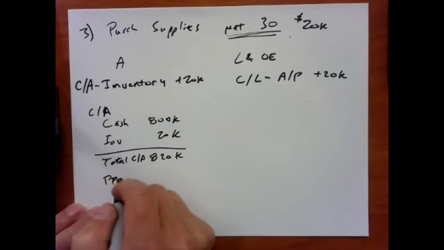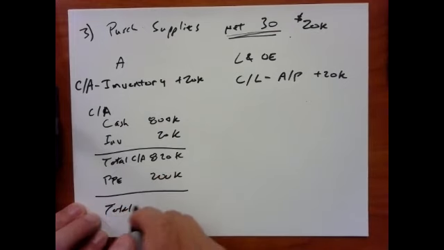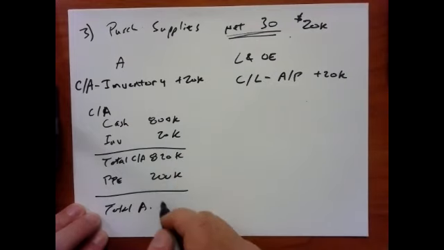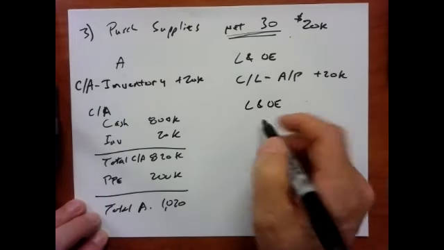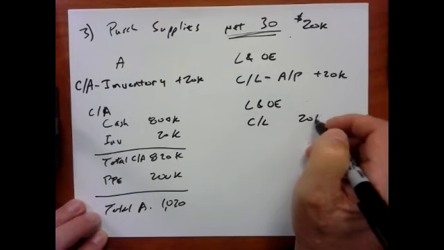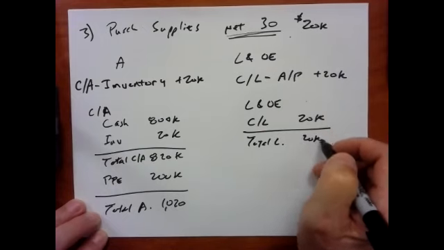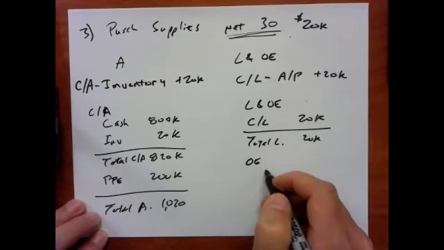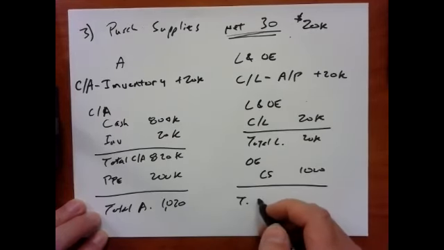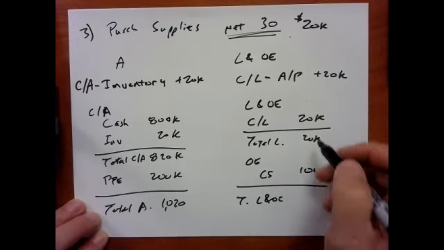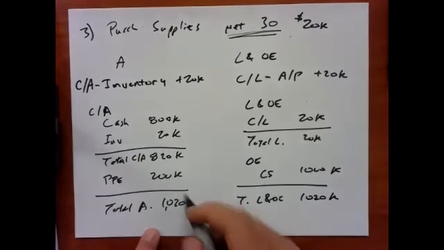Then we would have PPE, long-term assets, of 200,000 for total assets of 820 plus 200, 1,020. On this side, liabilities and owner's equity, we have current liabilities of 20,000, so total liabilities of 20,000. And then owner's equity, common stock, 1,000, for a total liabilities and owner's equity of 1,000 plus 20, 1,020. Okay. And they're balanced, right?